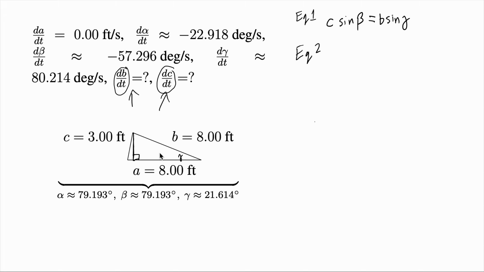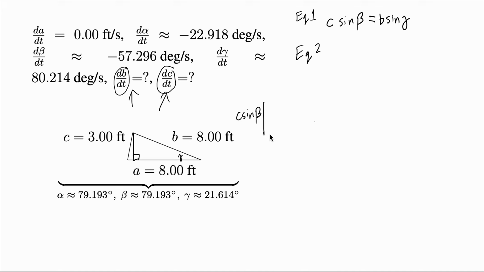Okay, so to do that, let's think about the side lengths of this. We could get this side length by using c, and we did that before. We labeled it as c sine beta, right? So c sine beta was one way of saying it. Now this other side length over here, let's write it using b.